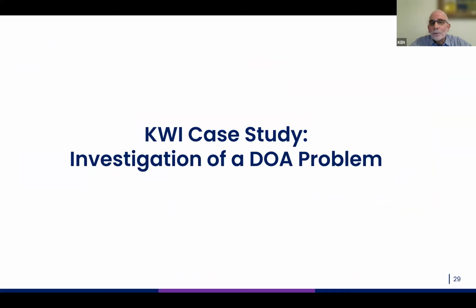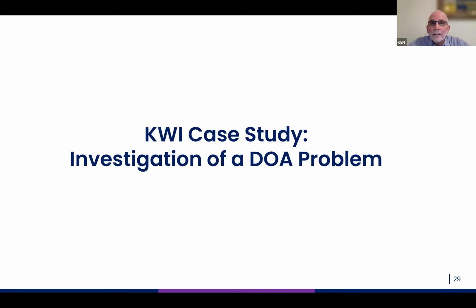And now I just want to transition and talk about a specific KWI, which is a dead on arrival problem in an integrated broiler operation in the US. So this is an operation that I worked in several years ago.